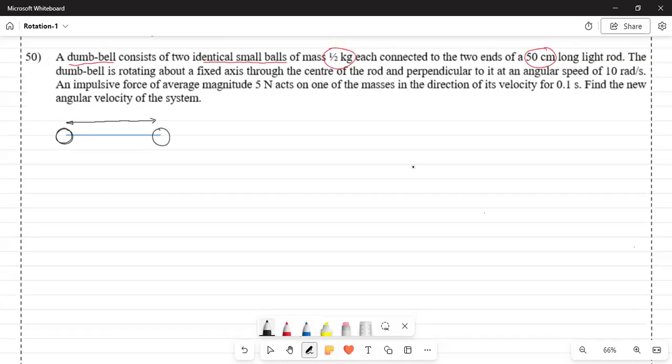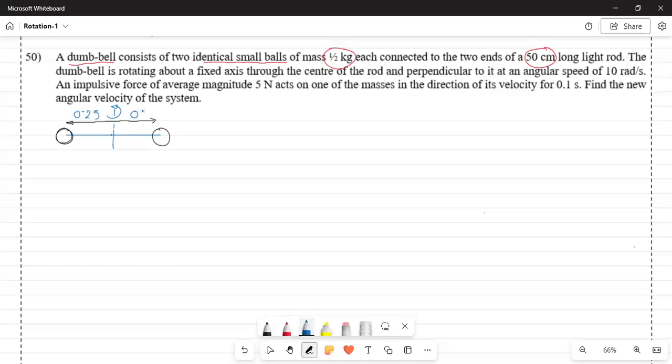And it's rotating about a fixed axis through the center of the rod. So naturally, length is 0.5 meter, so each side is 0.25 meter.